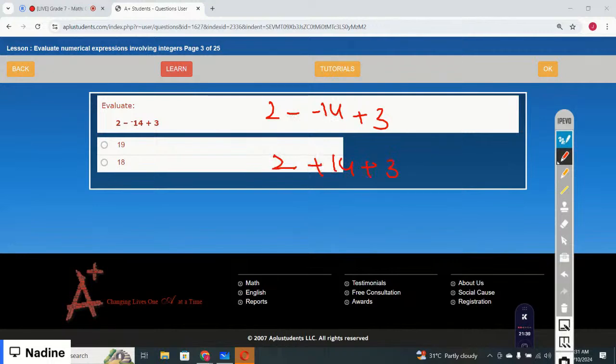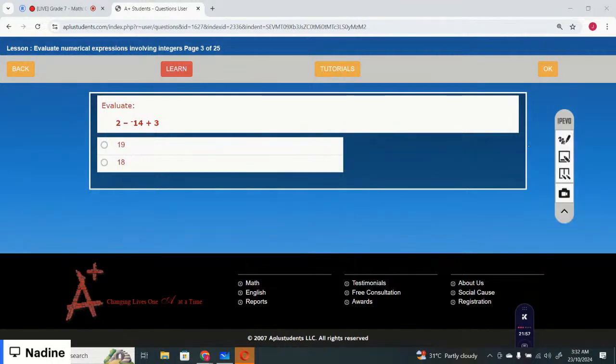So which is the correct one? The correct option is 19. Option number 1 is the correct option.